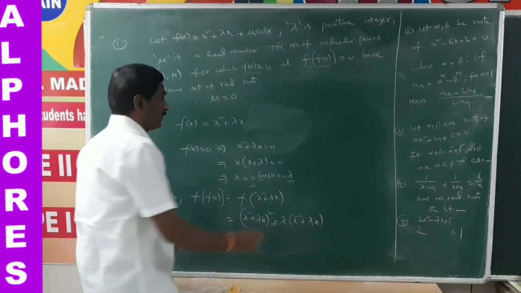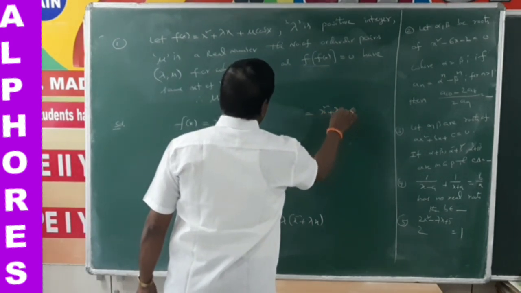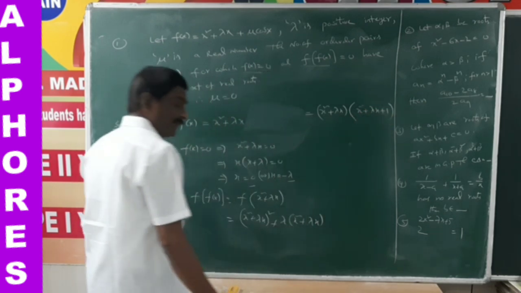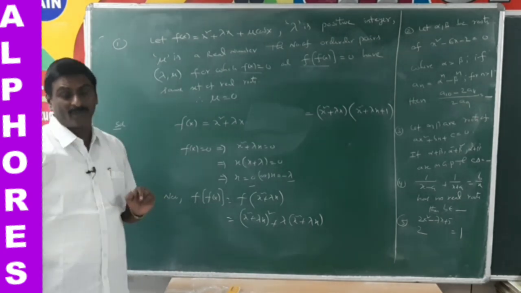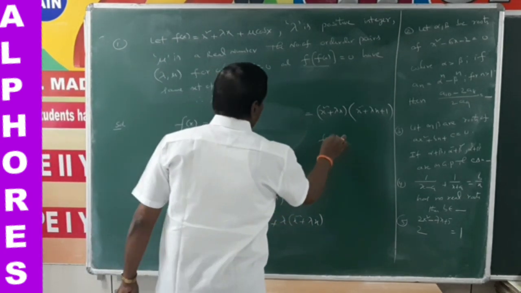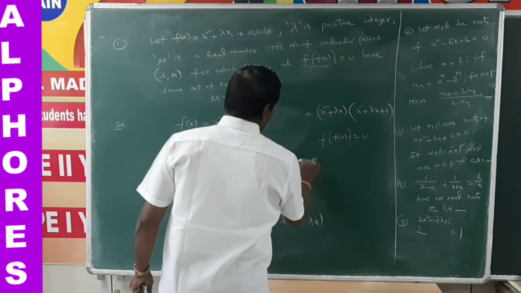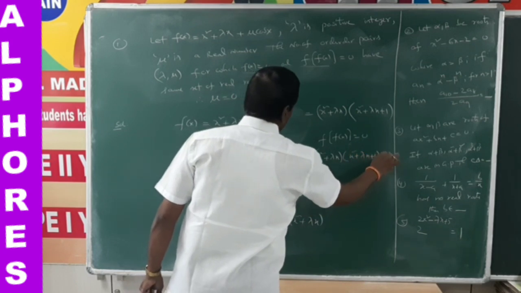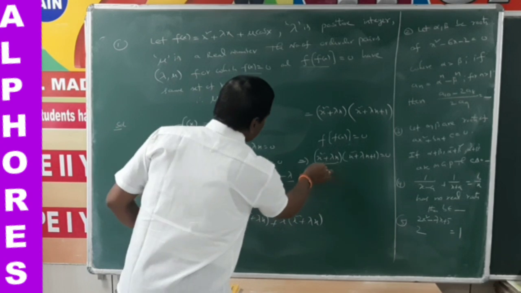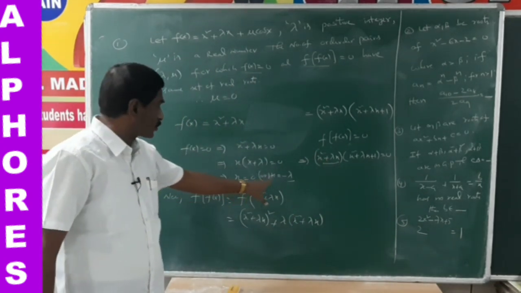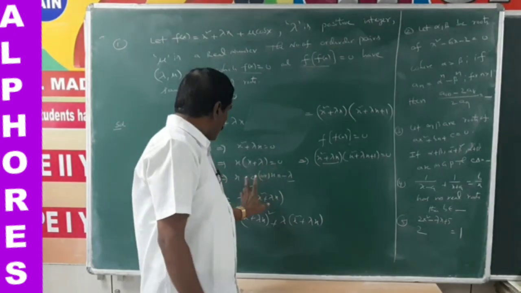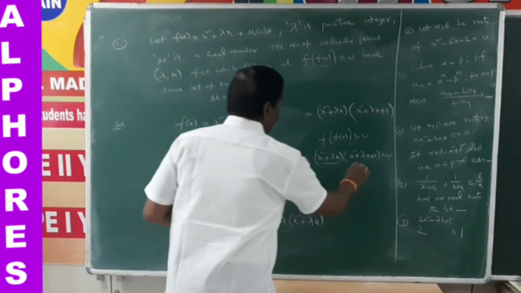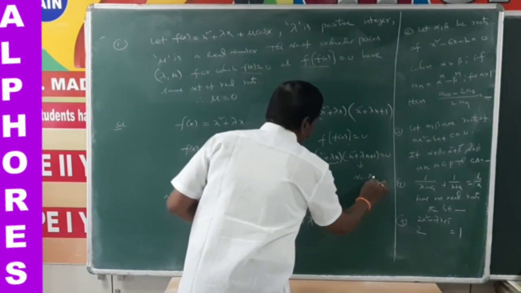What is the common term here? (x² + λx)(x² + λx + λ). Now what are the roots of f(f(x)) = 0? (x² + λx)(x² + λx + λ) = 0. x² + λx = 0 means the same as f(x) = 0, so we get the two solutions 0, -λ. So the two common roots appear here. Exactly two common roots means the other quadratic equation has no real roots.